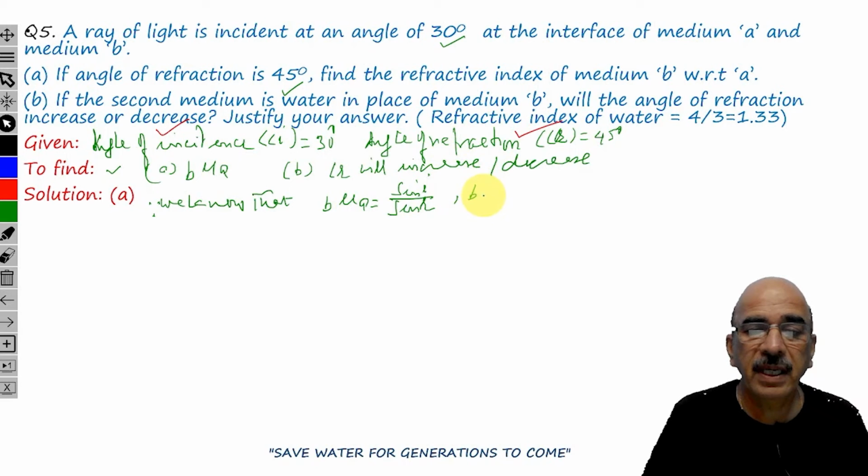So therefore refractive index of B with respect to A, sin I is 30 degree, and here sin R is 45.